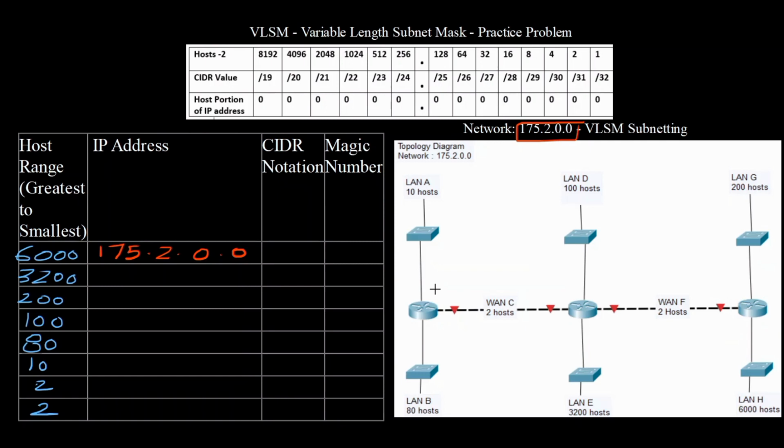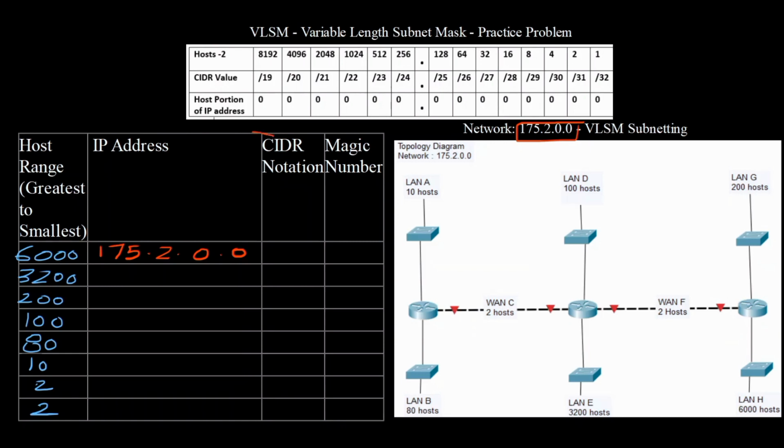Next, I'm going to determine the CIDR notation. The CIDR value that we are looking for has a connection to the host. Always remember, the CIDR notation has a connection to the host.